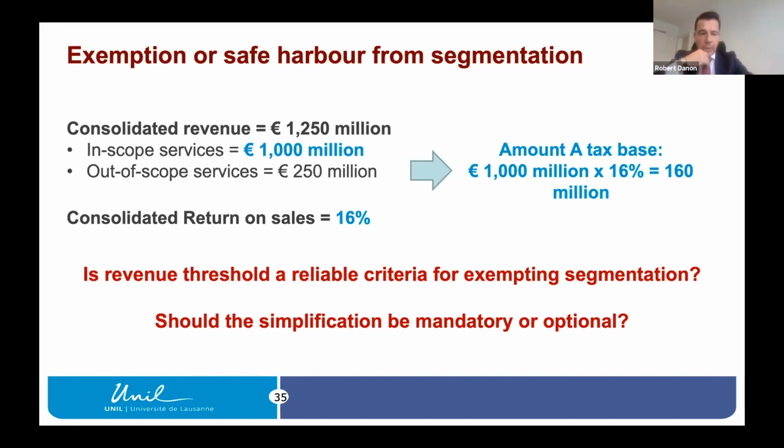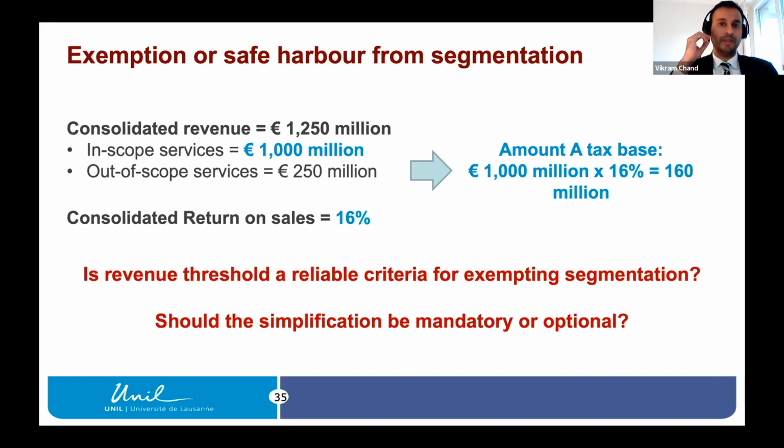Yes, I think maybe Norman, we start with you. I just have one point here before Norman begins, if you don't mind, because we are in a very interesting situation here. If I just go back to the facts of the case, if we don't do segmentation and we apply the safe harbor, then the return on sales is 16%. So your Amount A tax base would be 160 million.